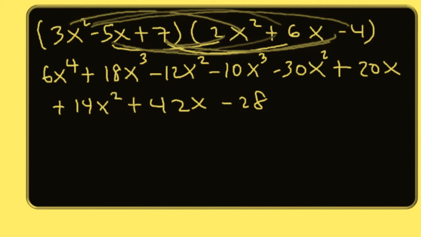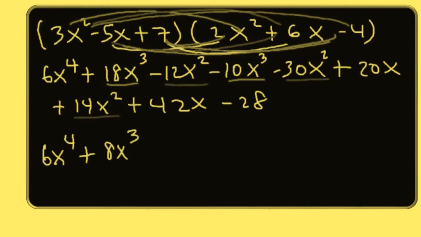As you can see, we have 9 terms at this point. Now let us go ahead and combine like terms. So we have 6x to the 4th, and we can combine these two x cubed terms: 18 minus 10 is positive 8. There are 3 terms with x squared: negative 12 plus 14 is positive 2, and positive 2 minus 30 is negative 28.